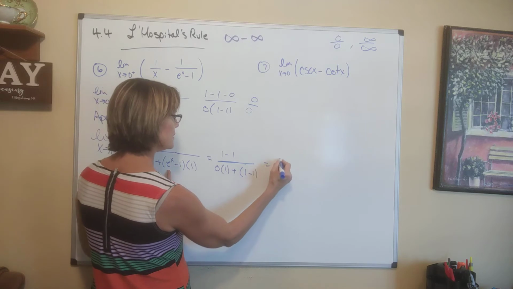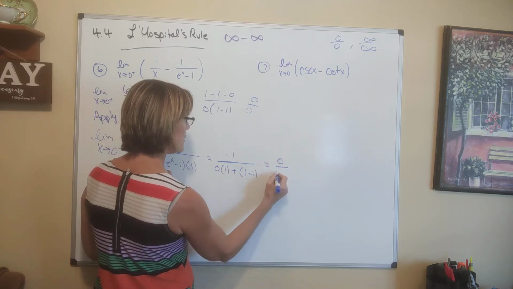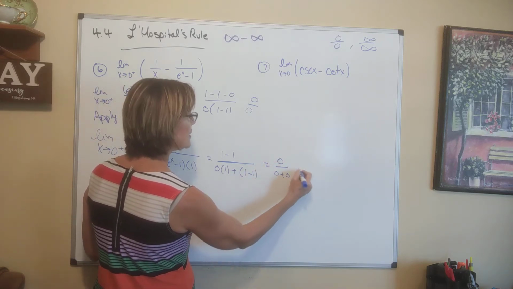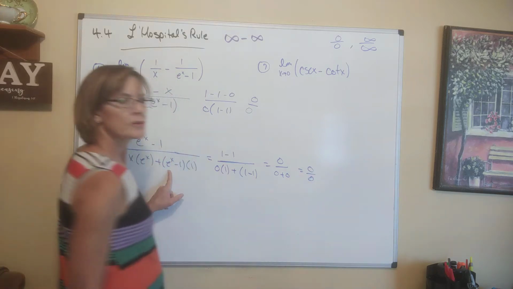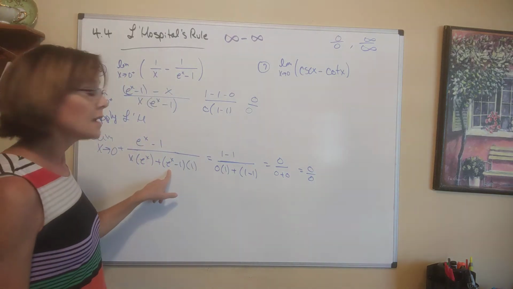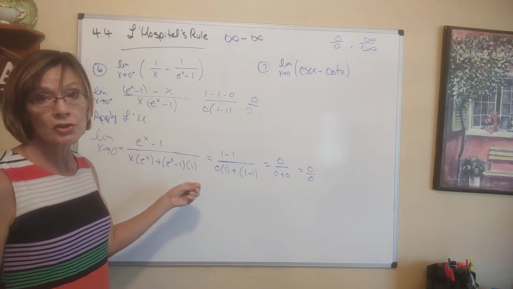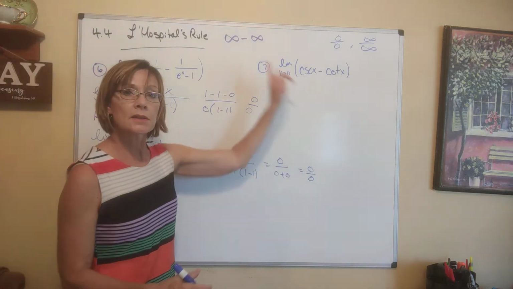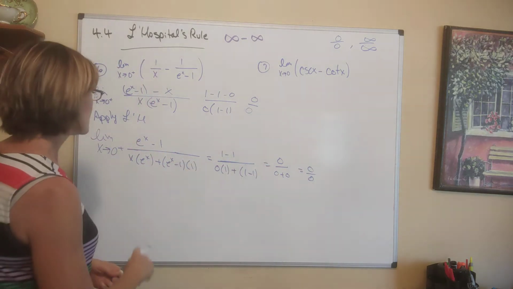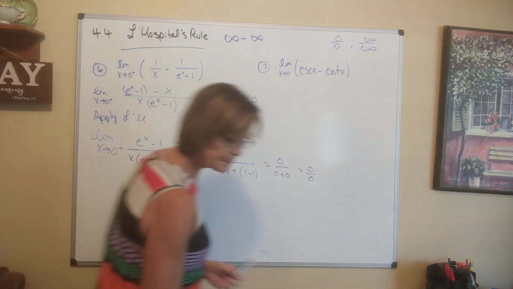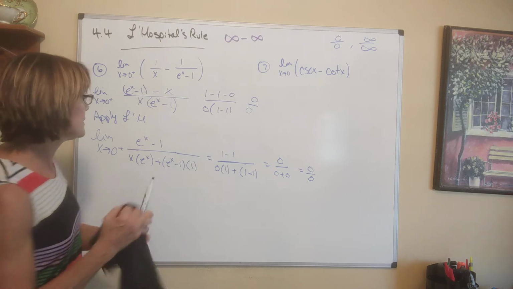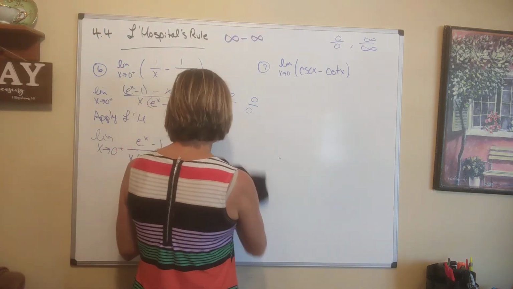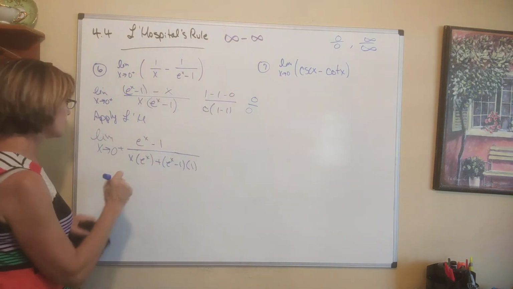We get 0 over 0 plus 0. We get another 0 over 0. When this happens, and it does, you can apply and should apply L'Hopital's rule again, because it still meets the conditions. Let's go around again. Let me just clean this up a little bit. Let me simplify this. So it meets the conditions to apply it again. So let's apply L'Hopital's rule again.